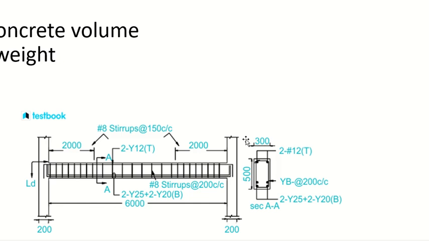So length divided by spacing plus 1 gives you the number of stirrups, then multiply by 2 for each side. Clear? Now tell me for the middle. How much is the length now? 2000. Divide by 200, right? Middle is only one.